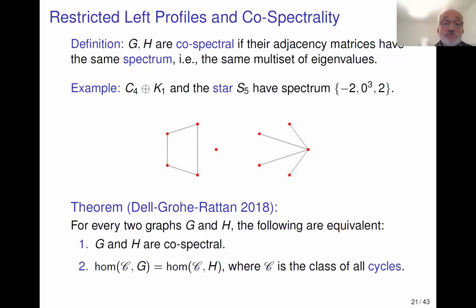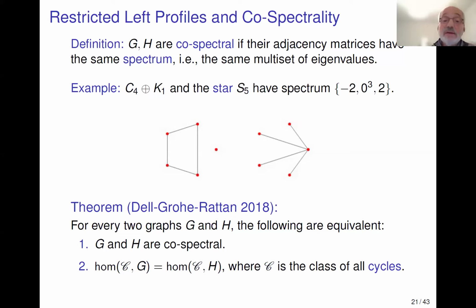So that's an example of cospectrality, and there is a nice result here by Dell and Grohe that says two graphs are cospectral if and only if they have the same left profile with respect to the class of cycles. So cycles, you restrict the homomorphism count to cycles, you capture cospectrality.